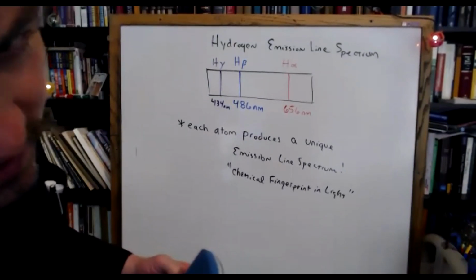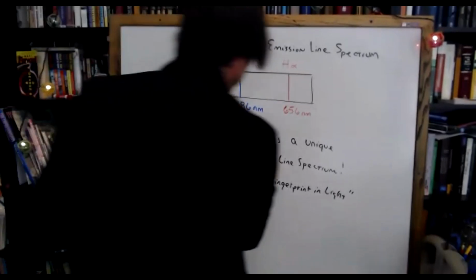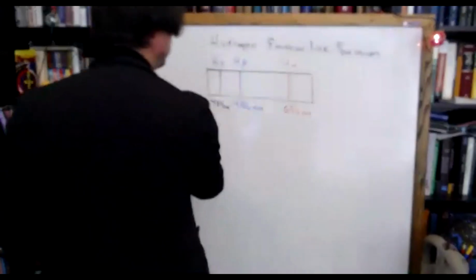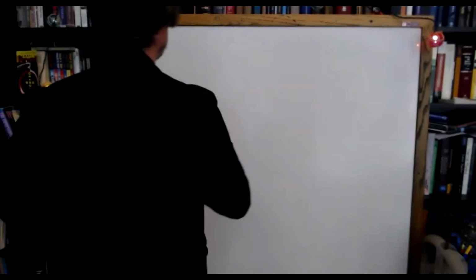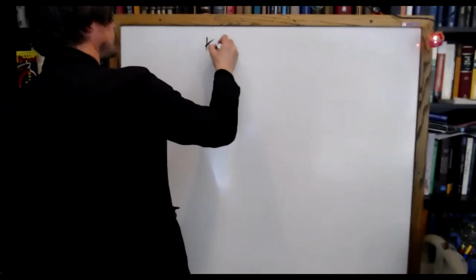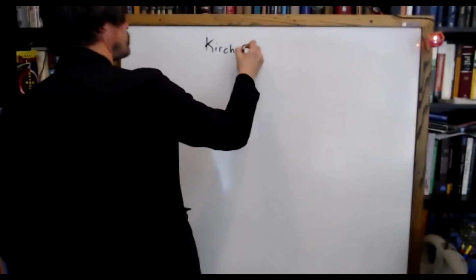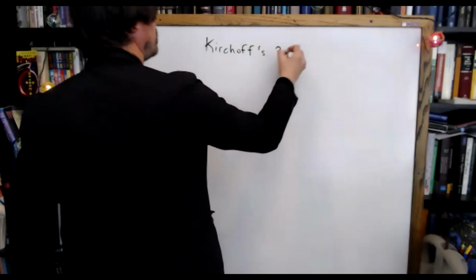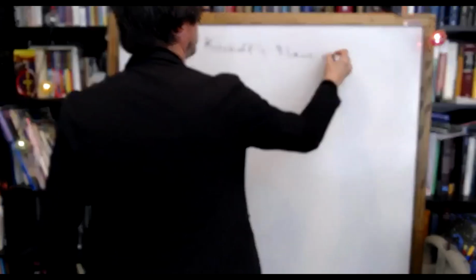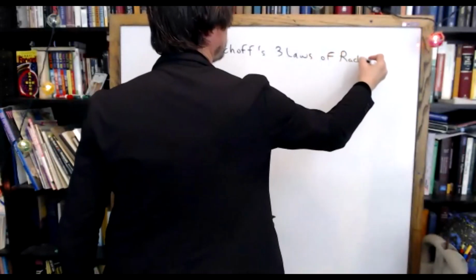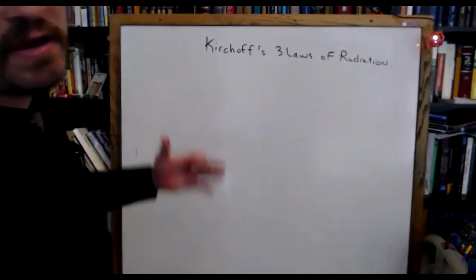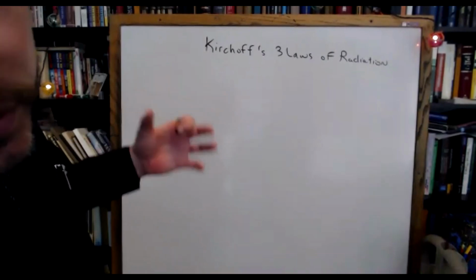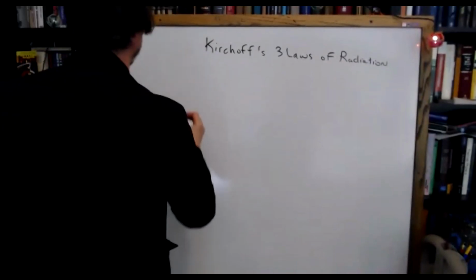They're intimately related to the art of spectroscopy. This is called Kirchhoff's 3 laws of radiation, and it attempts to teach us how the different types of spectra are produced in nature.